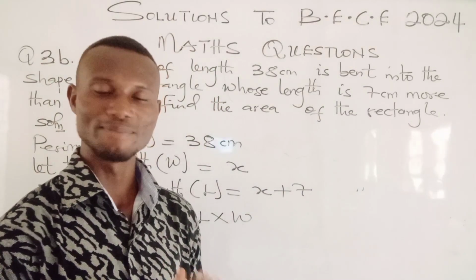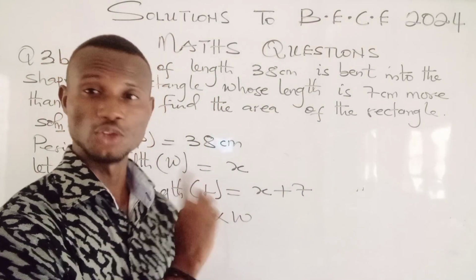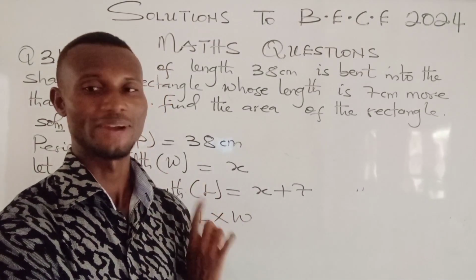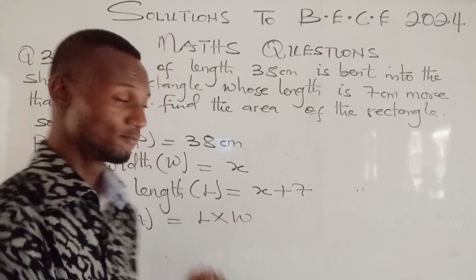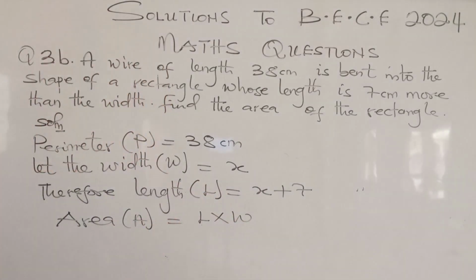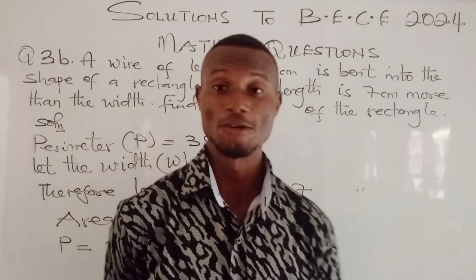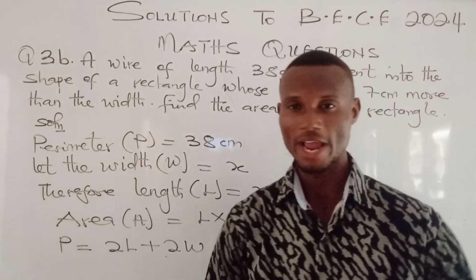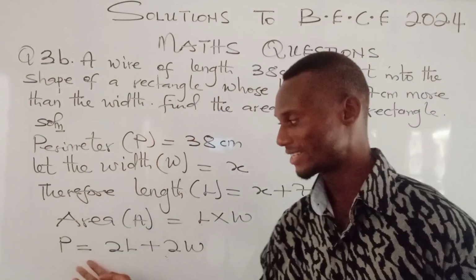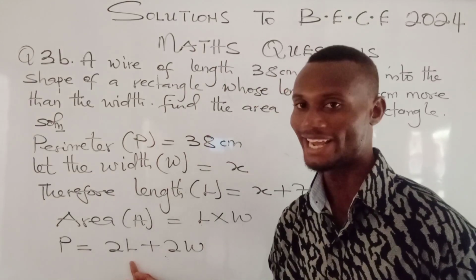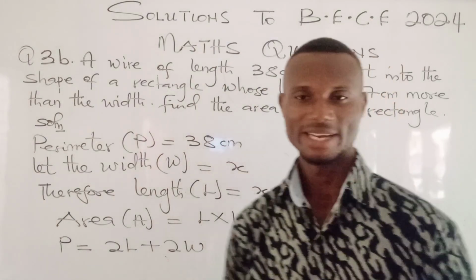Now we have been given the perimeter. So we are going to make use of the perimeter of the rectangle to find the value of S. So the perimeter of a rectangle, P, equals 2L plus 2W. This is the formula for finding the perimeter of a rectangle: 2 times the length plus 2 times the width.